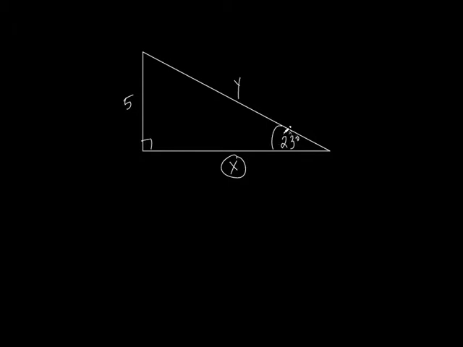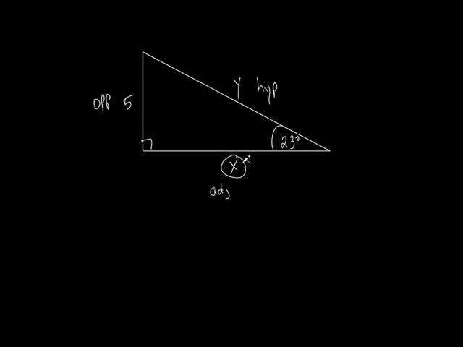What side do I actually know? This is important right here. What side do I actually know? I know the opposite. What do I know and what am I trying to find? I know 5, which is opposite. I know x, which is adjacent, and y would be the hypotenuse, okay?